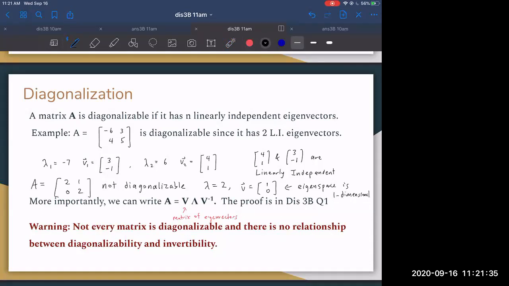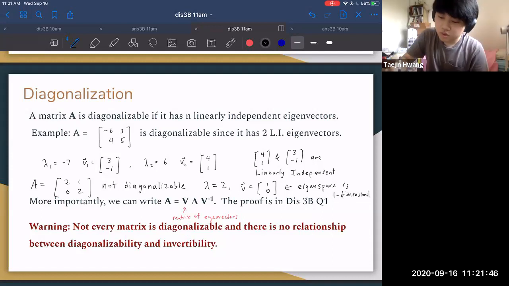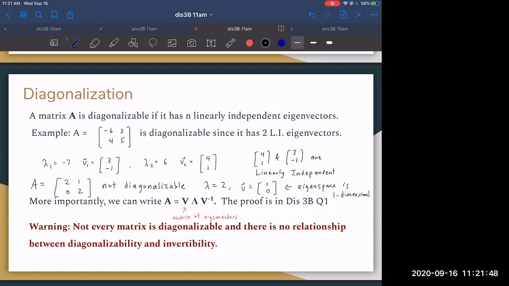If we want to show that a matrix is diagonalizable, do you just find the eigenvectors and show that the eigenspace has the same dimension as the matrix? Yeah, exactly. So I'll add a note.